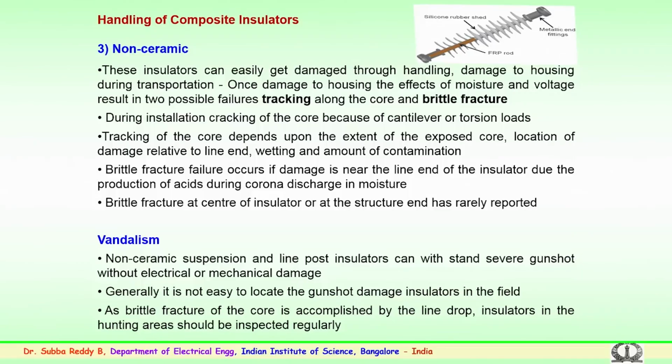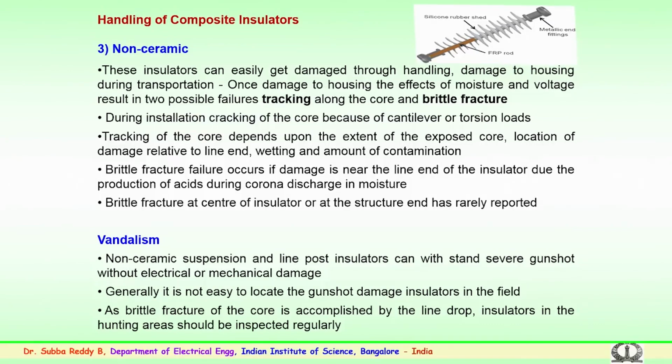So, brittle fracture failure also could happen if the damage is near the line end of the insulator due to the production of nitric acid, particularly during the corona discharges, in combination with moisture.